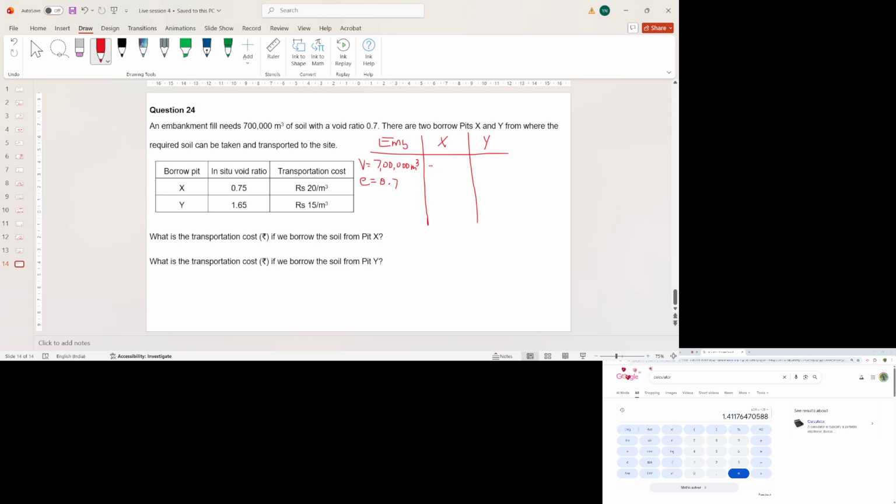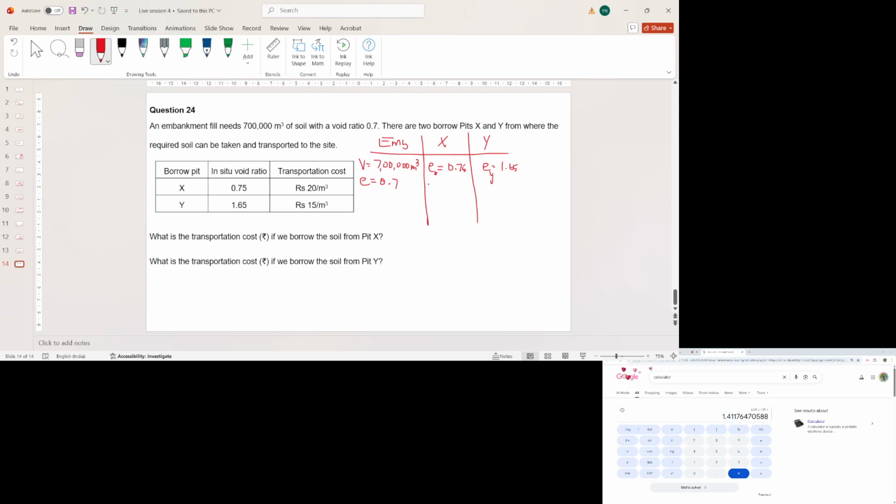And in borrow pit X the voids ratio is 0.75, and in borrow pit Y, let us say Ey is 1.65.